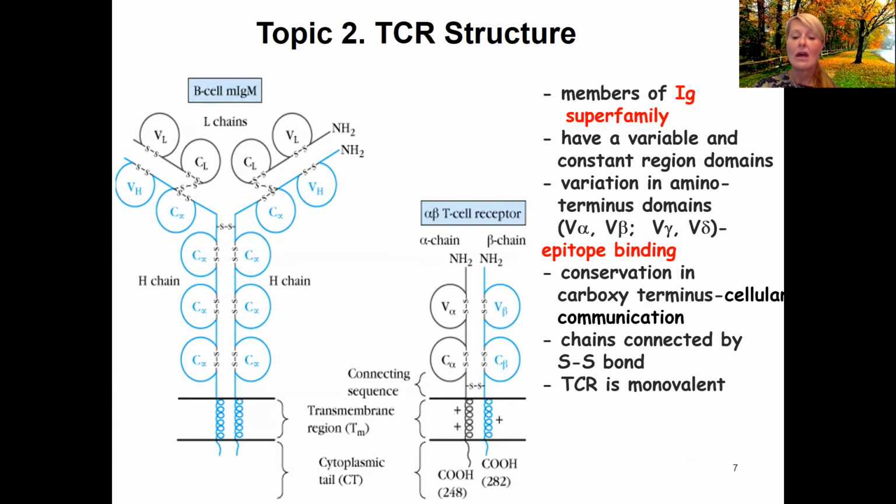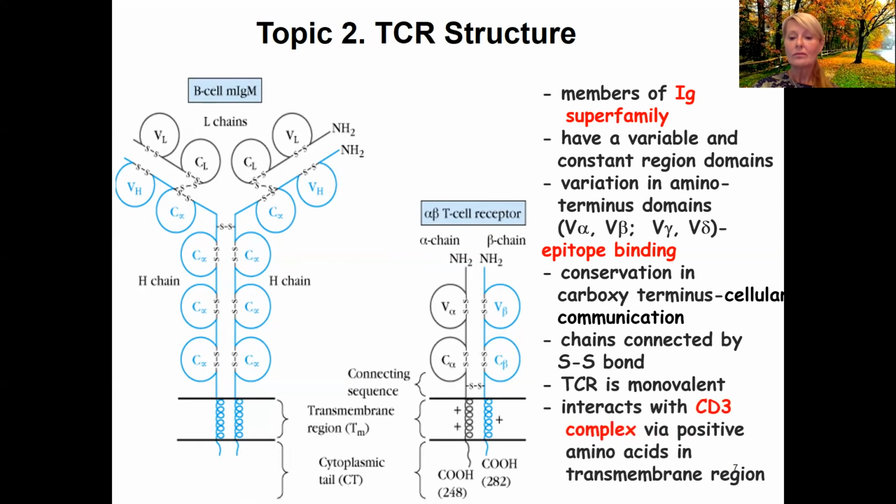And we notice that the TcR is monovalent. Here we've got the bivalent, or if this would be IgM on the surface, for example, it could even be pentameric, but this is monovalent. We're going to see now that this TcR interacts with a CD3 complex via some of the positive signaling amino acids in the transmembrane region.